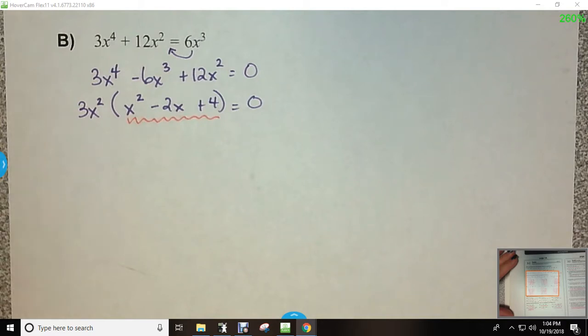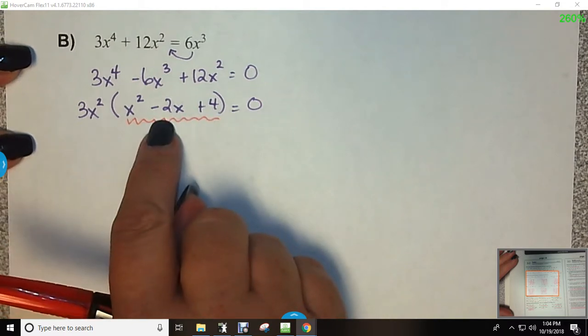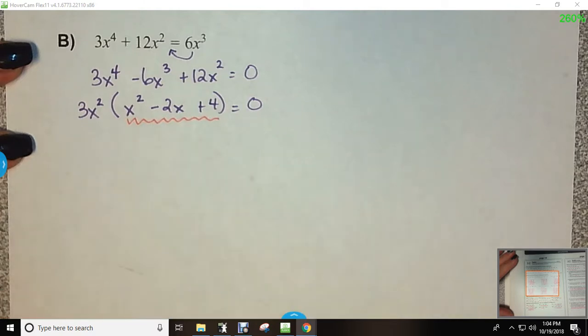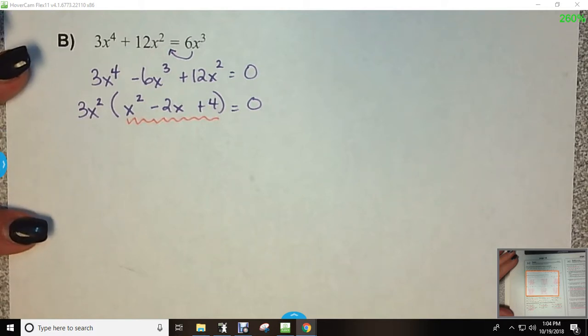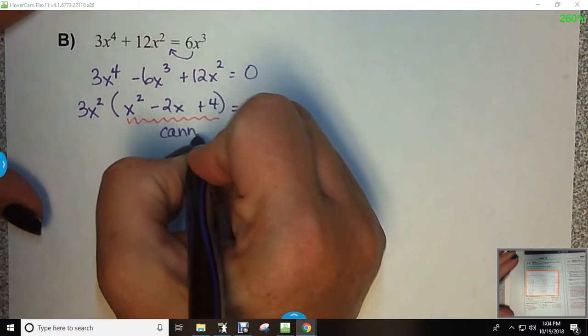Do I have any numbers that will multiply to be 4 and add to be negative 2? Which ones? No, unfortunately. Last block, we tried a lot of different numbers that definitely don't add up to negative 2. But it won't. So we have factored this as far as we can, because this cannot factor.